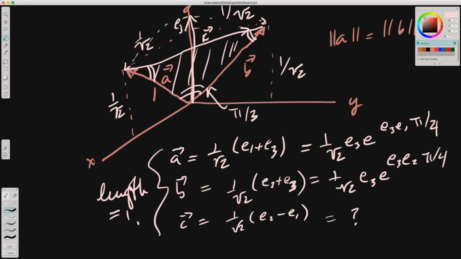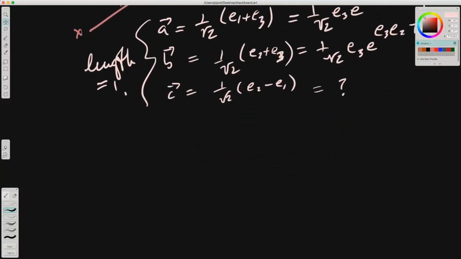Now what is C? There's a few different ways we can answer that. Let's not answer that just yet, but let's look at what AB is.